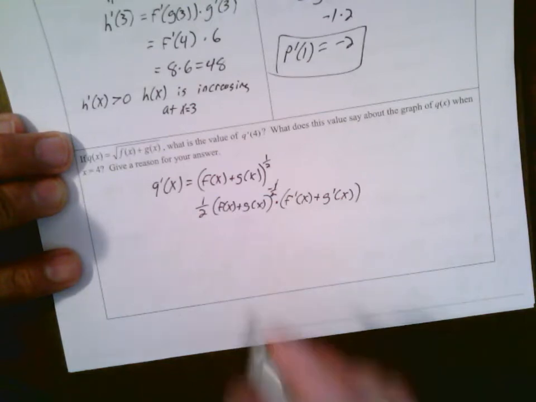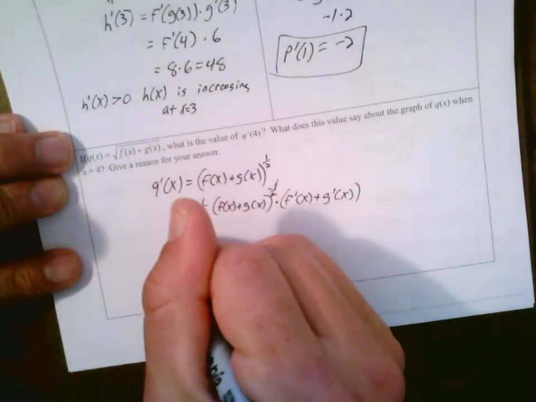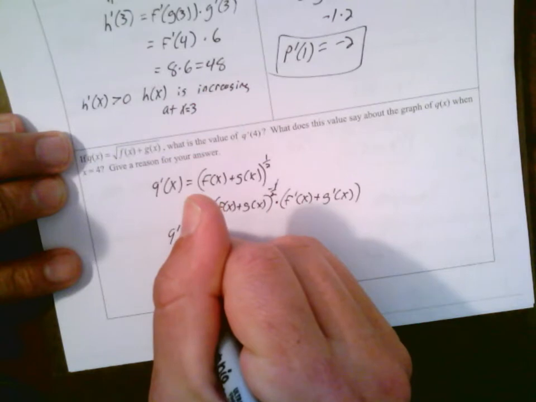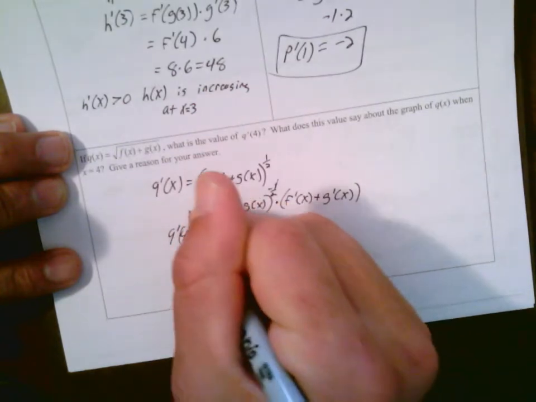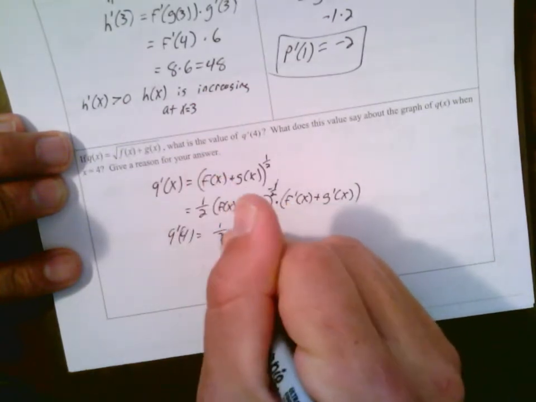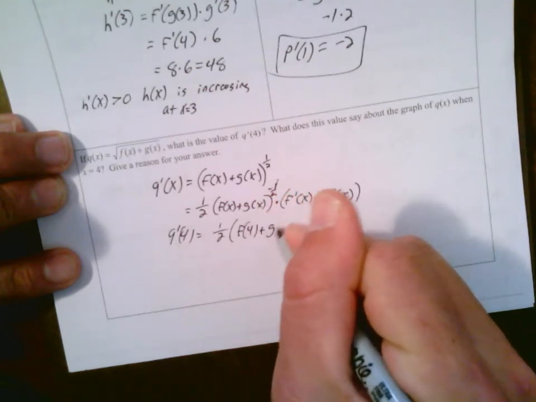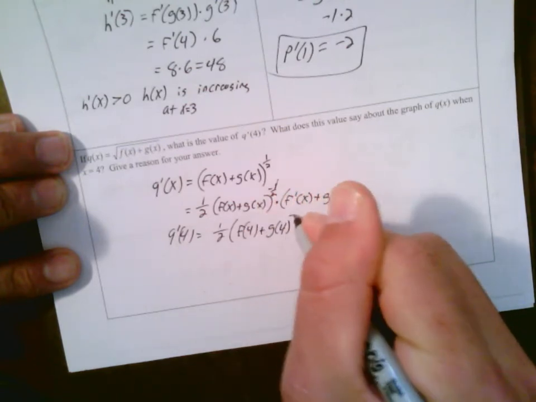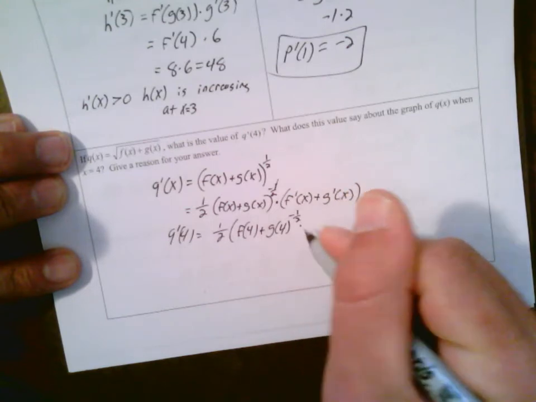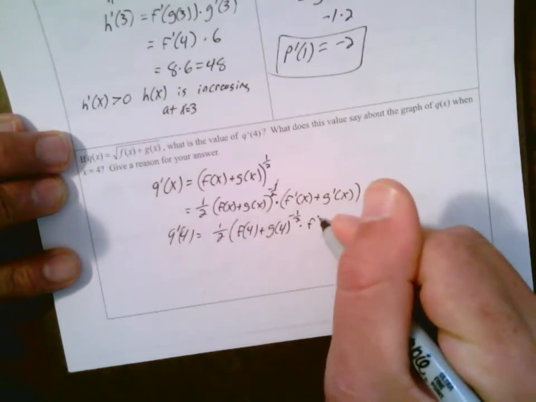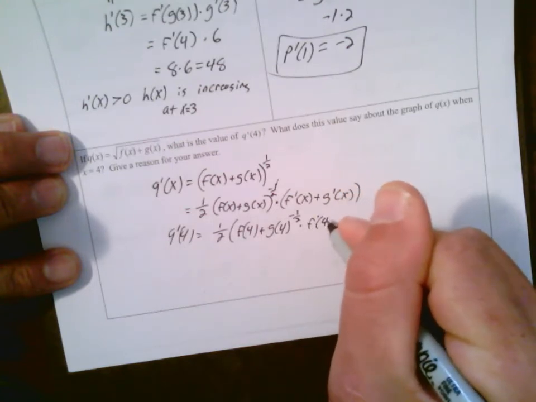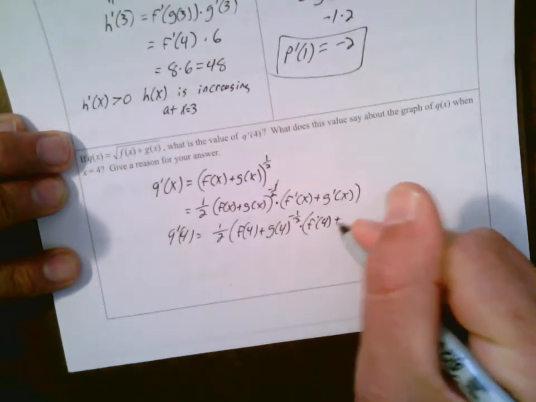And I want to know what q prime of 4 is. So all my x's in there: 1/2 times f of 4 plus g of 4 to the negative 1/2 times f prime of 4 plus g prime of 4.